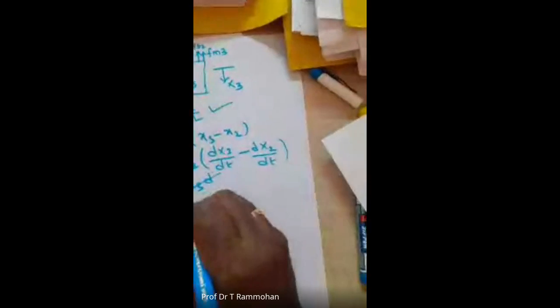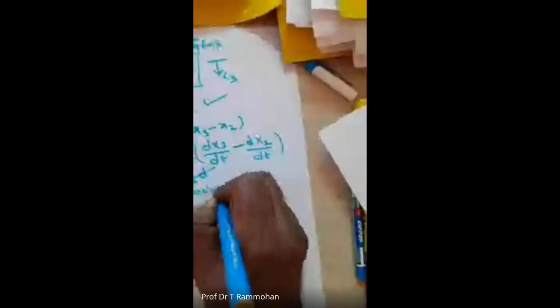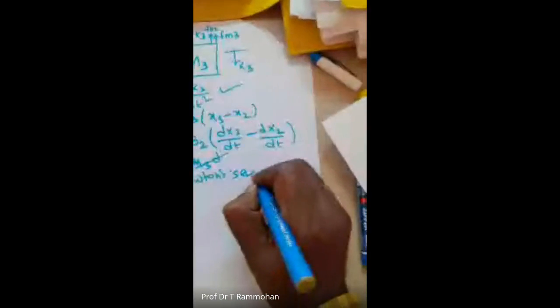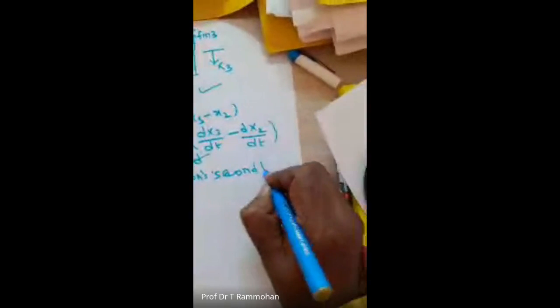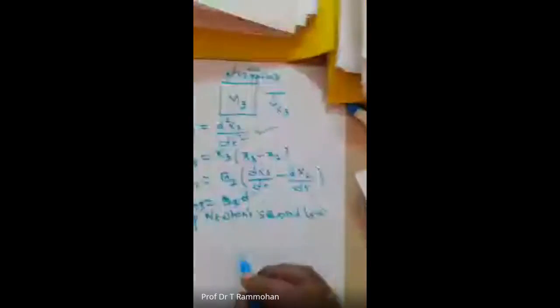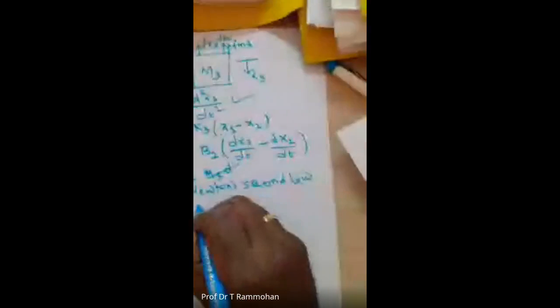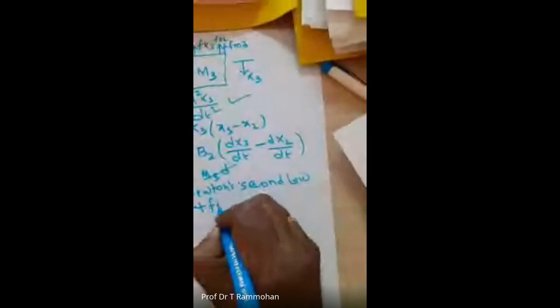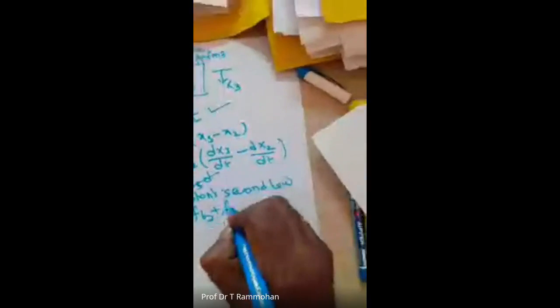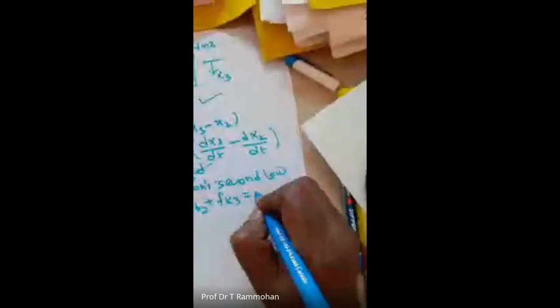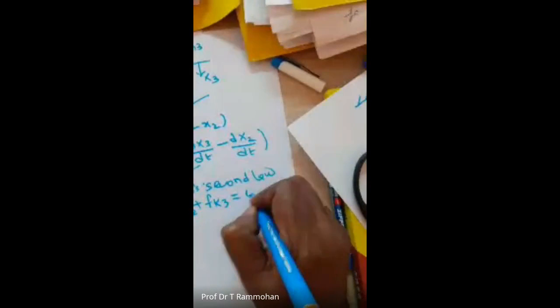So using Newton's second law, Fm3 plus Fb2 plus Fk3 equal to 0.